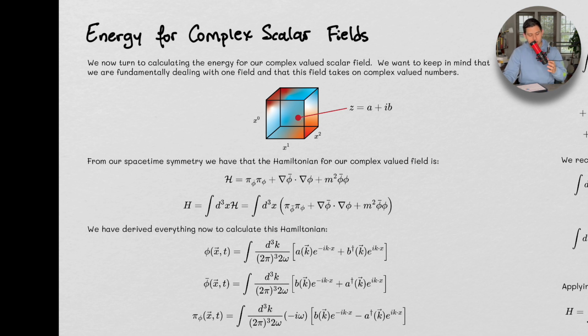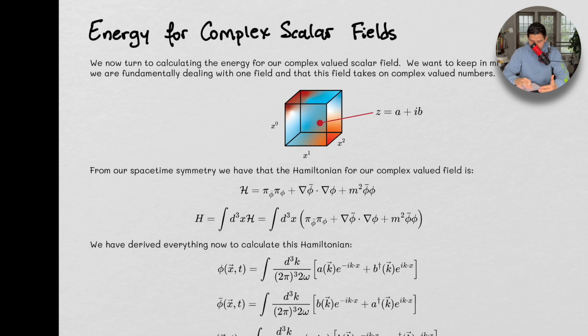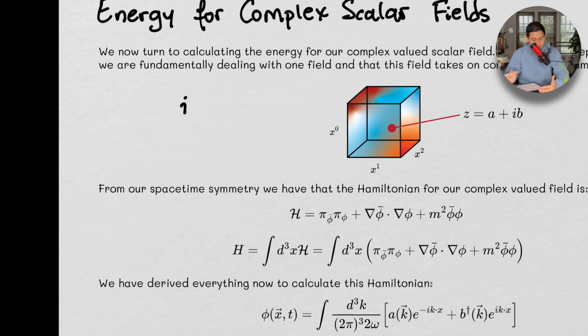So we're talking about the energy for our complex scalar fields now. We want to keep in mind that our complex scalar fields are different from our scalar fields in that they have complex conjugates. Complex conjugates are what happens when you have the number i in your number.